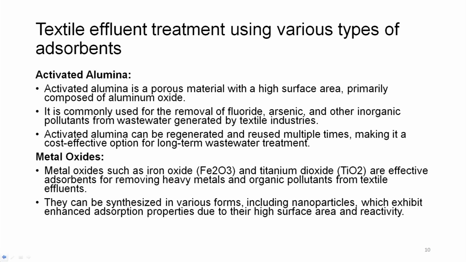Activated alumina. Activated alumina is a porous material with a high surface area, primarily composed of aluminum oxide. It is commonly used for the removal of fluoride, arsenic and other inorganic pollutants from wastewater generated by textile industries. Activated alumina can be regenerated and reused multiple times, making it a cost effective option for long term wastewater treatment.